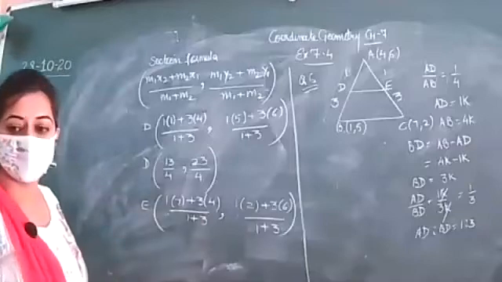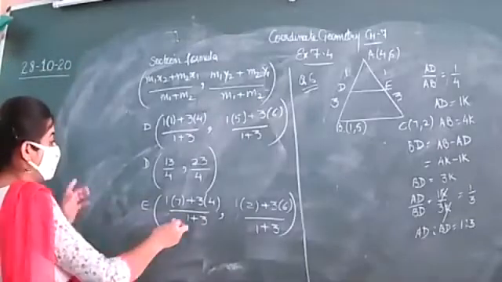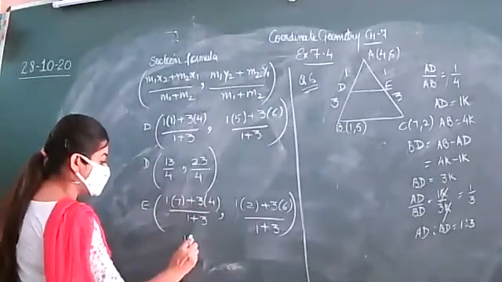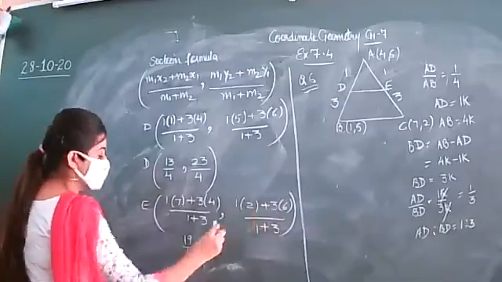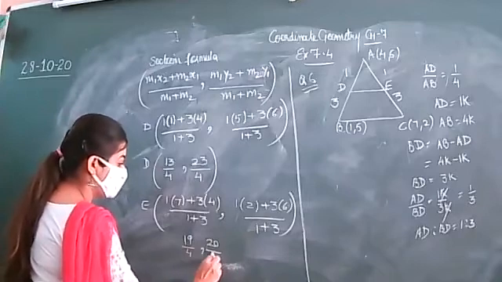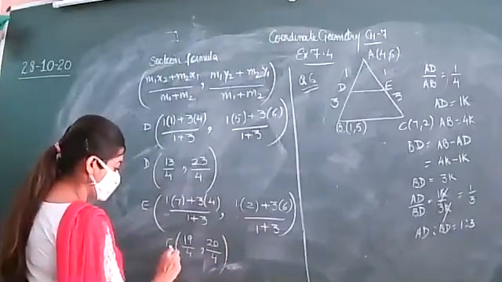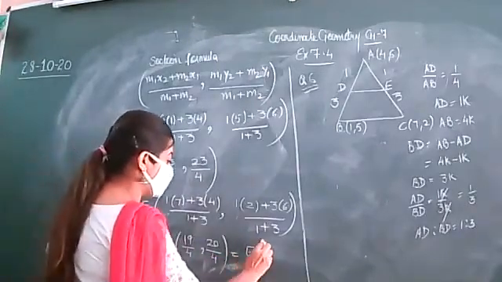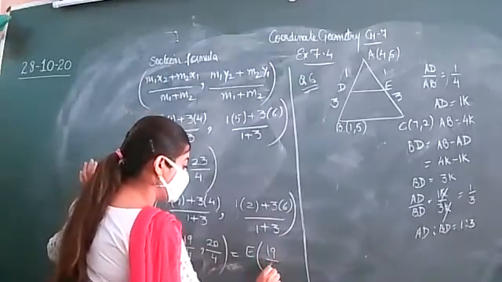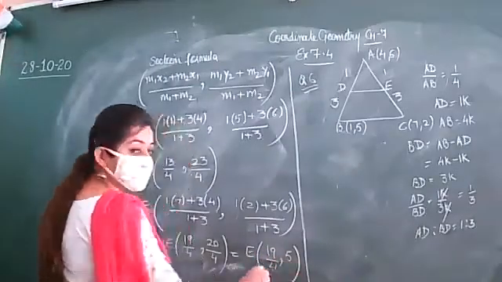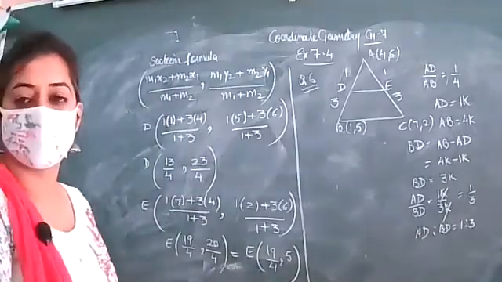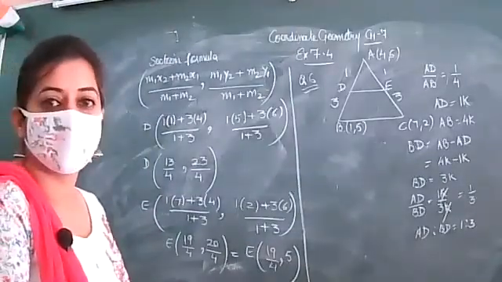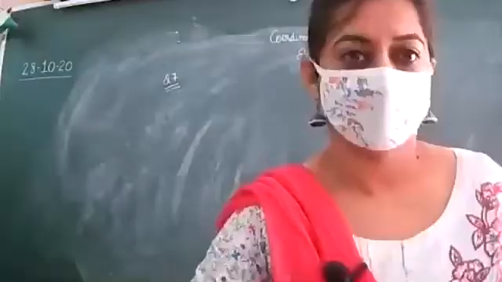Now solve this. 12 plus 7 is 19 by 4, and 18 plus 2 is 20 by 4. After cancelling, you will get the coordinates of E as (19 by 4, 5). So we have finished getting the coordinates of D and E.